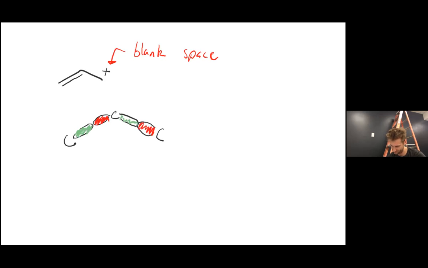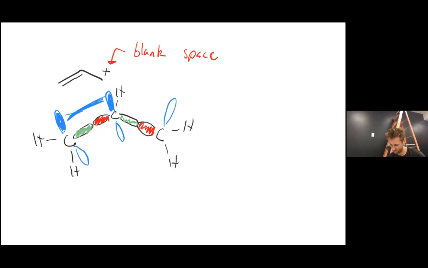Red one, drawing some H's. And then we had these pi orbitals for the double bonds. And what your plus is essentially going to be is an empty one.